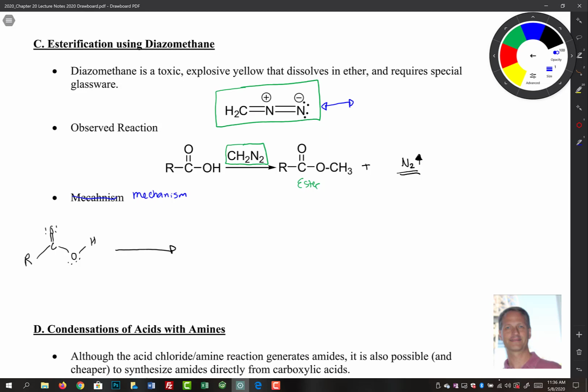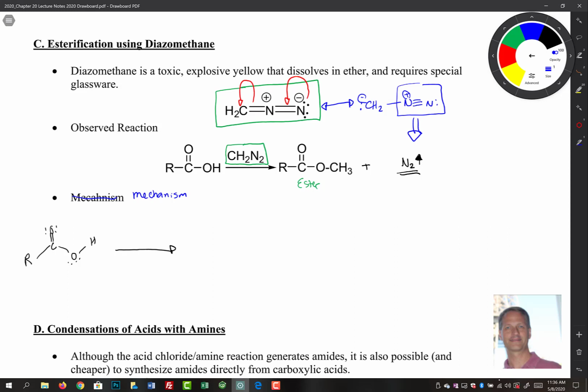We can take a set of electrons here and swing them around, and that would put them here on our carbon. So what that would give us up here is a CH2 minus, and then a nitrogen with three bonds down here at the end, and a plus charge right there. Now that right there, folks, is where that nitrogen is going to come from in this reaction.